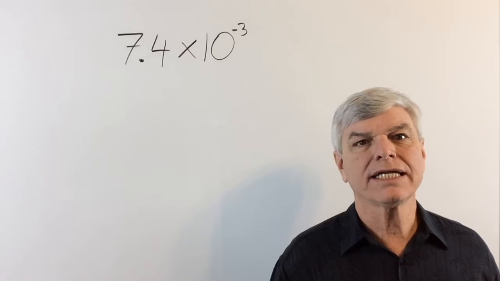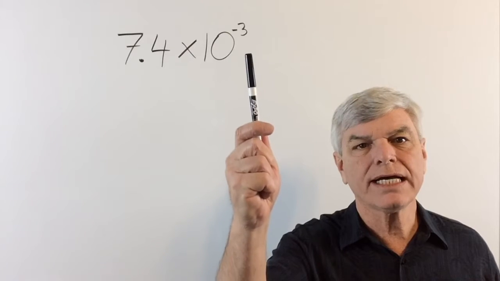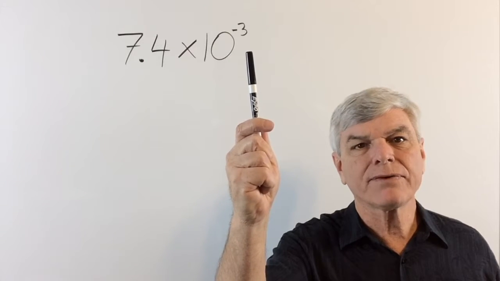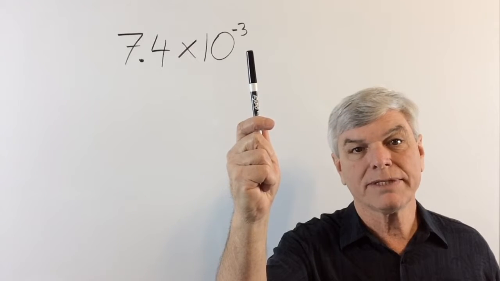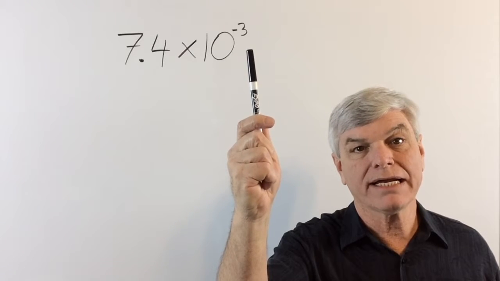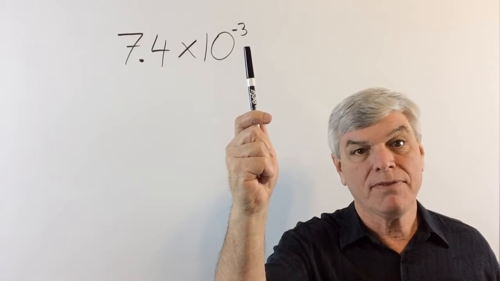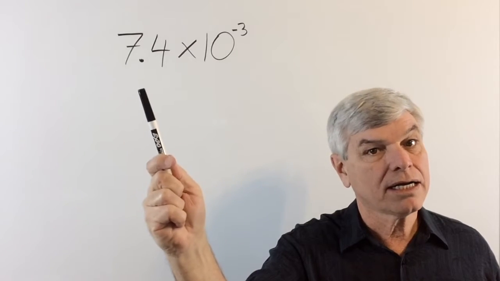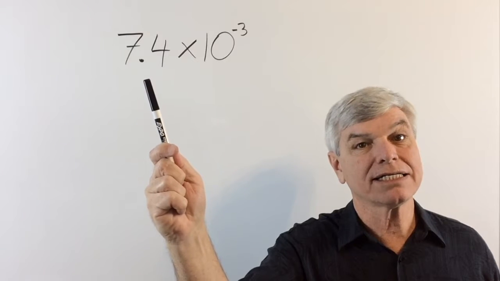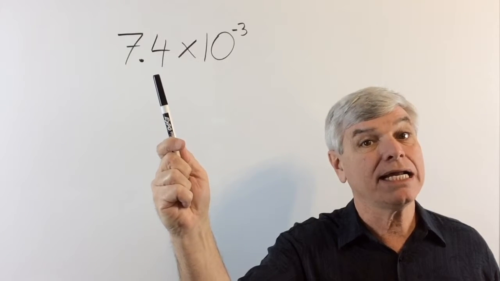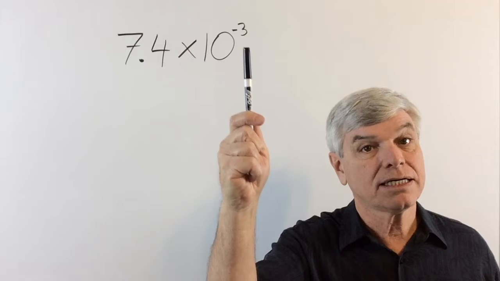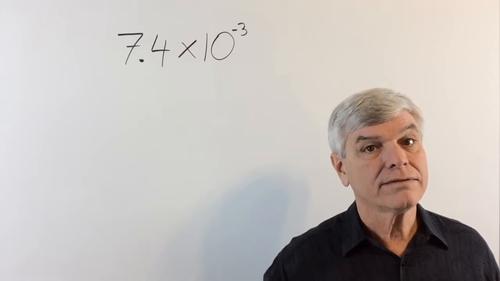Okay, our 10 has an exponent of -3, and we're going to go from -3 to 0, which is a bigger number, right? Going from -3 to 0 is a bigger number. This is getting bigger. That's right. This is going to get smaller. By how many decimal places? 3.